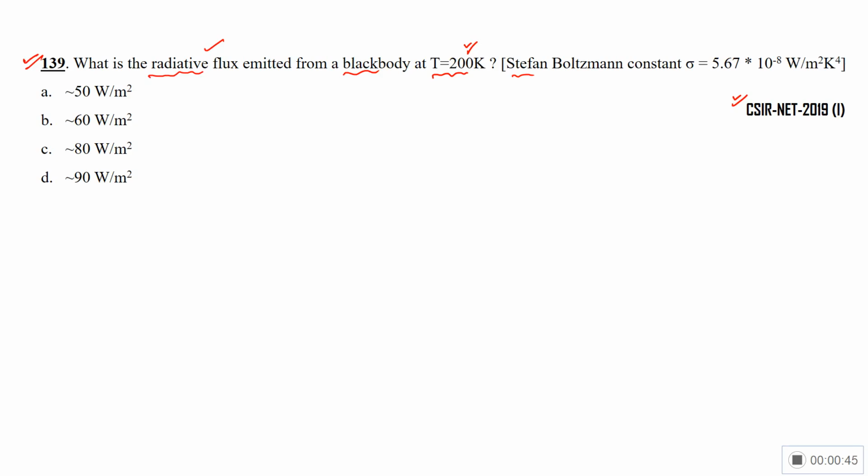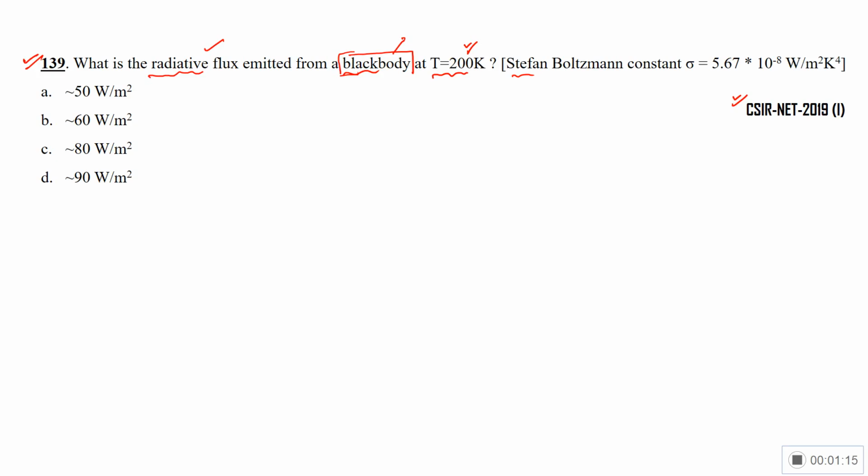Before discussing this question, let us know what actually a black body is. A black body is a hypothetical body that absorbs everything. Whatever radiative emittance, radiative flux is calculated, it is calculated by taking this black body as a parameter, so it is considered a scale.